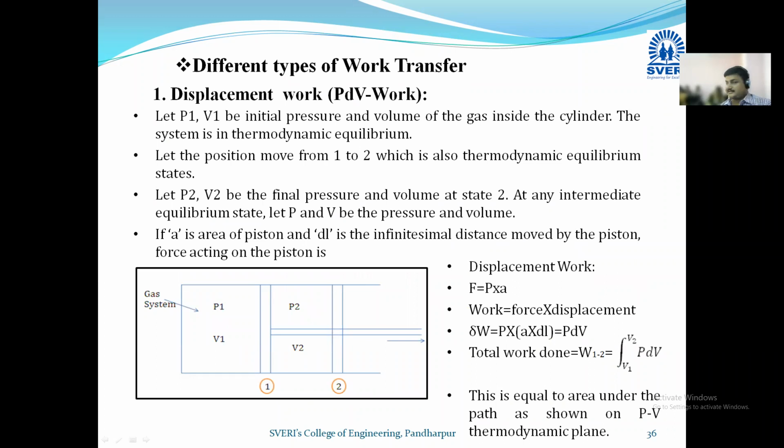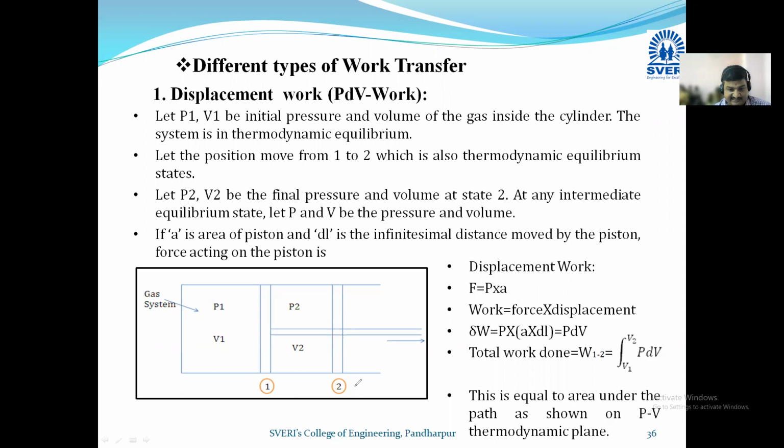Different types of work transfer. I said that we have to learn different types of work. Okay, now let us assume the displacement work, where displacement of the piston is happening in the cylinder. Look here, there are two positions of the piston.